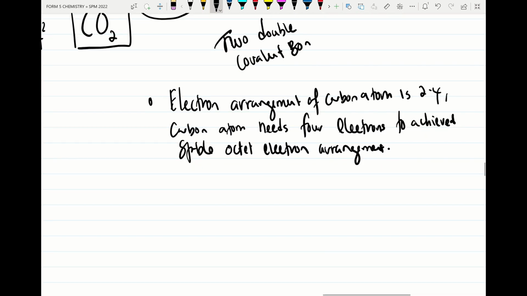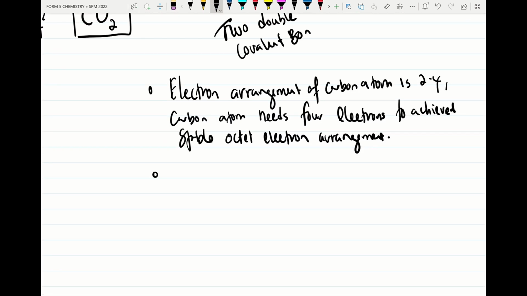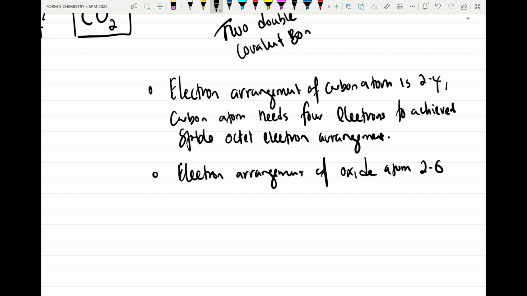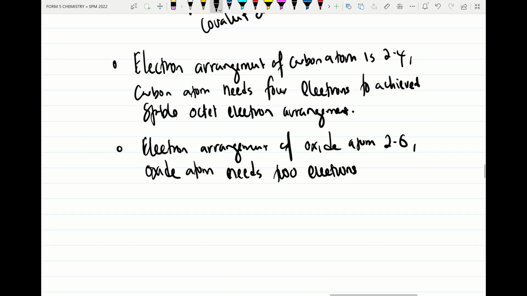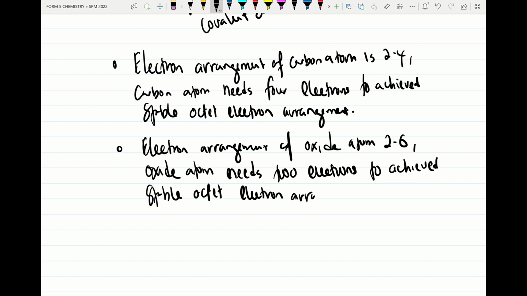All right, so next we describe the oxide atom. So I put here electron arrangement. The electron arrangement of oxide atom is 2.6, and this oxide atom needs two electrons to achieve stable octet electron arrangement.